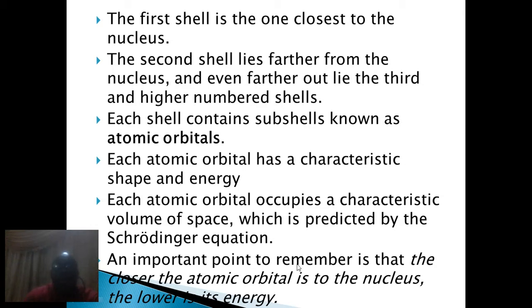An important point to remember is that the closer the atomic orbital is to the nucleus, the lower is its energy. Meaning that shell number one, which is closest to the nucleus, has the lowest energy. The second shell, which is a bit farther away from the nucleus, is of higher energy, and energy increases as you move away from the nucleus.